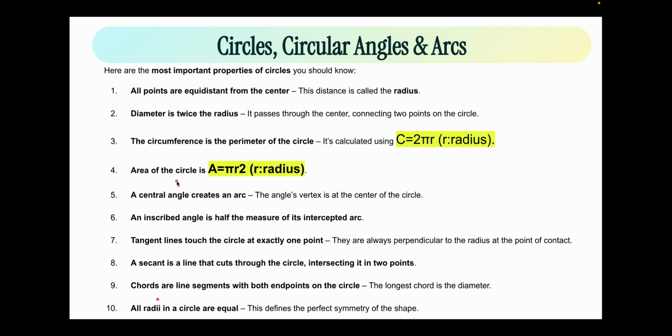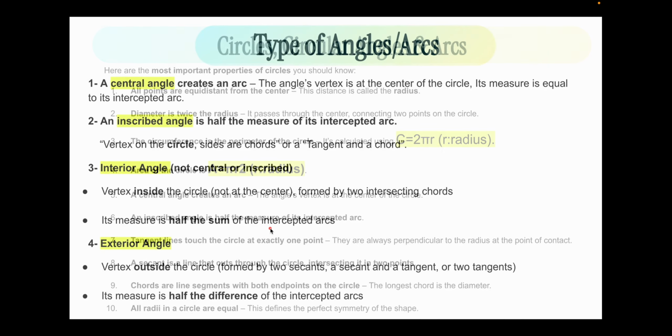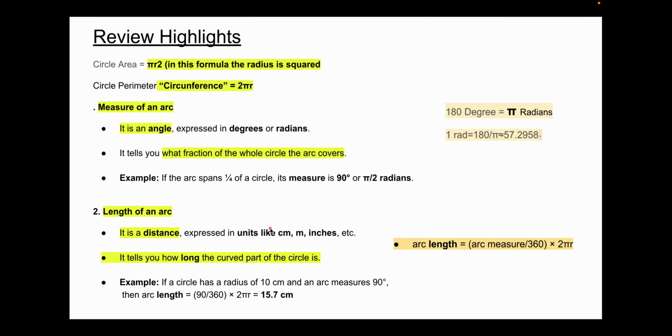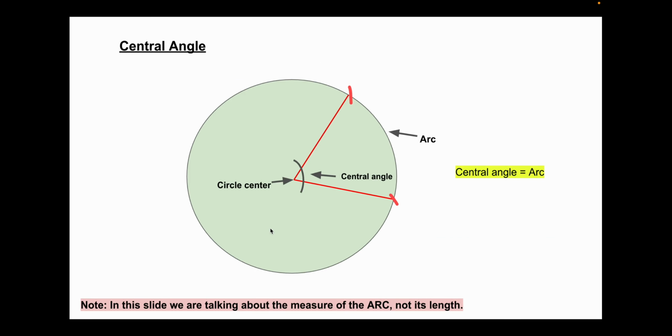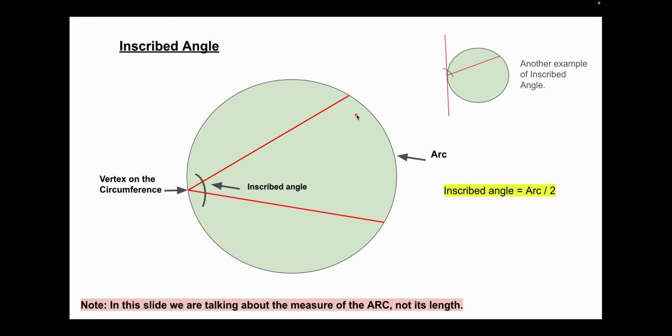Let's continue. An inscribed angle is half the measure of its intercepted arc. An inscribed angle is like this one, for example. This is an inscribed angle where the vertex is on the circumference, and we have 2 chords that end up on the circumference of the circle.